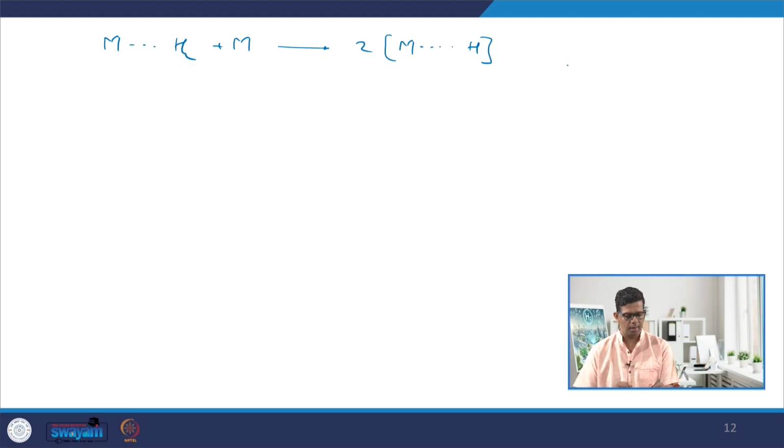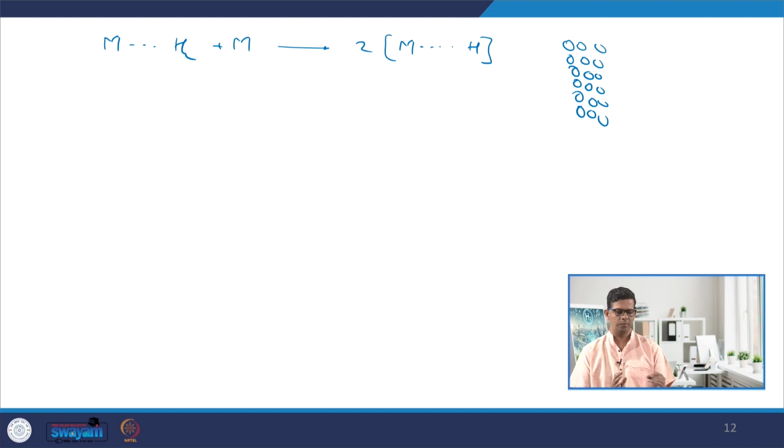Let us say we have this triple phase boundary, and this hydrogen, which was earlier in bulk form very far from the triple phase boundary, comes near this metal nanoparticle, which is of our interest.